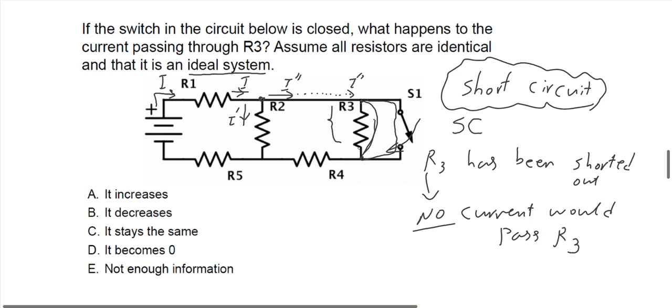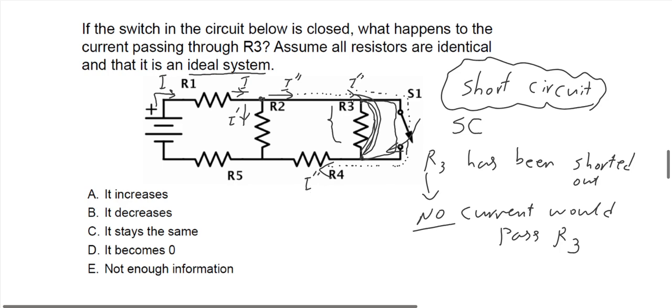So just remember, if the head and the tail of a resistor is connected to each other, that resistor is shorted out. So the current I second will not pass R3. The whole current will pass this shorted path and it will continue passing R4.